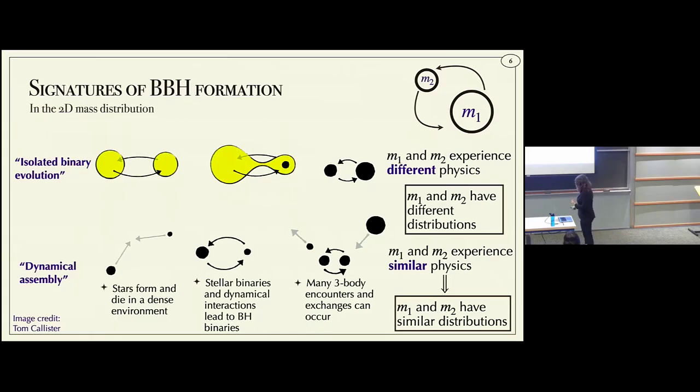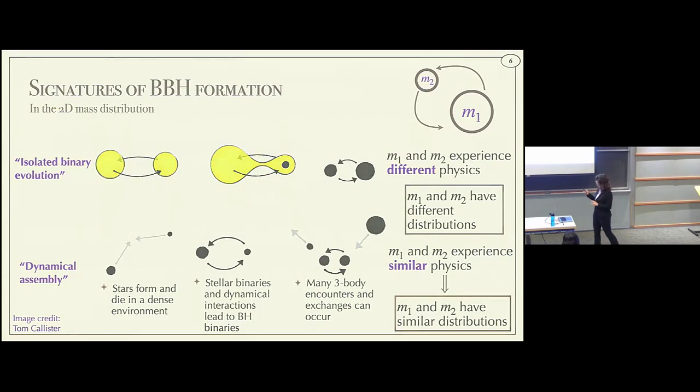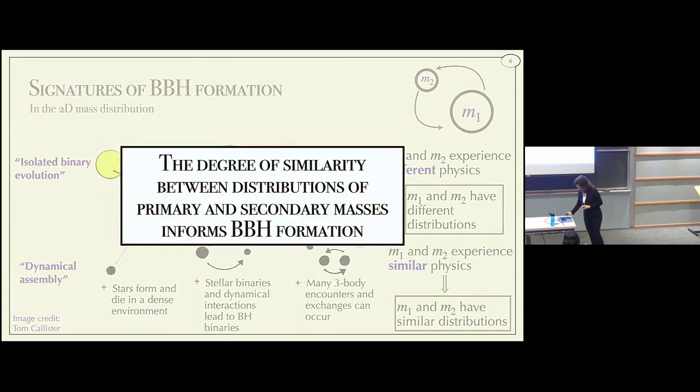So the upshot is that if there are processes that break symmetry between the initially more massive and less massive star, you might expect different primary and secondary mass distributions, whereas if something averages all of those out, you might expect similar primary and secondary mass distributions. So the similarity and difference between populations of primary and secondary masses could inform how emergent compact objects form.